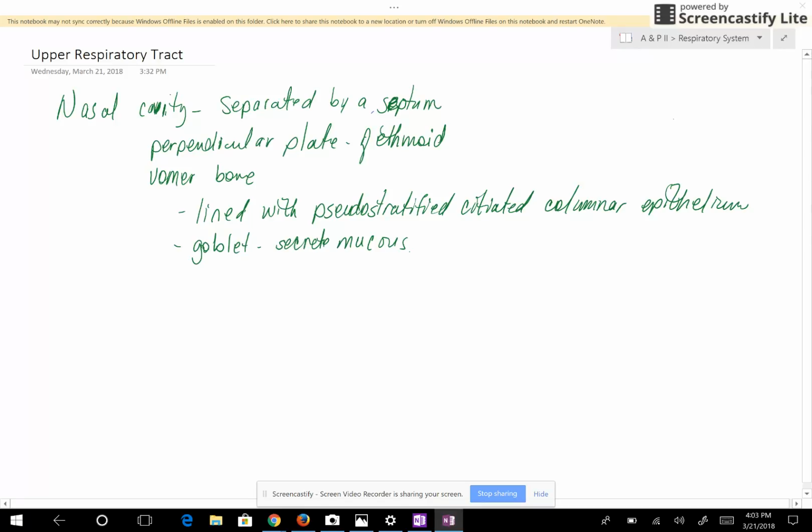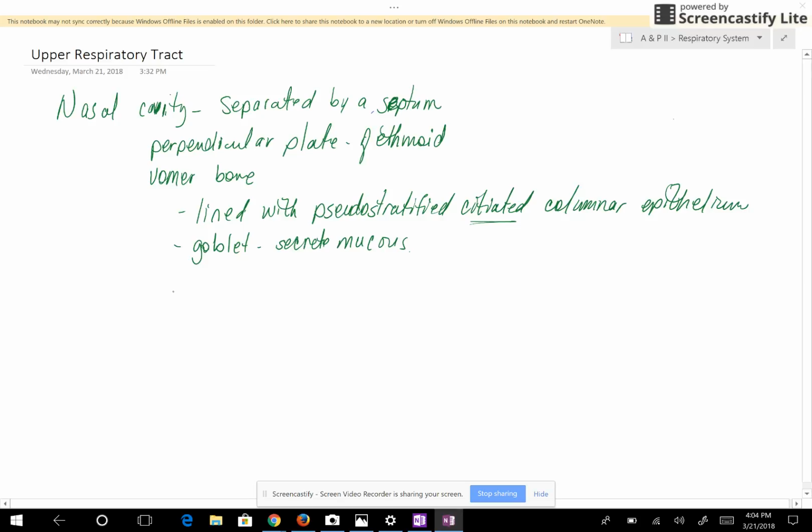Mucus is going to moisten the nasal cavity so that whenever dirt or debris is in the air, it hopefully will stick to the mucus, and the ciliated cells are going to sweep the mucus to the back portion, to the pharynx, where it's going to go down the esophagus and enter the stomach. Those things will be destroyed by the acids in the stomach.